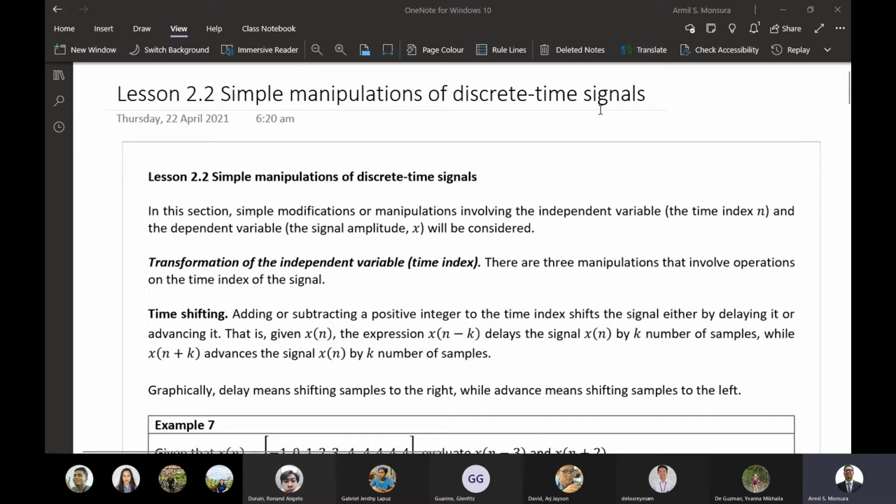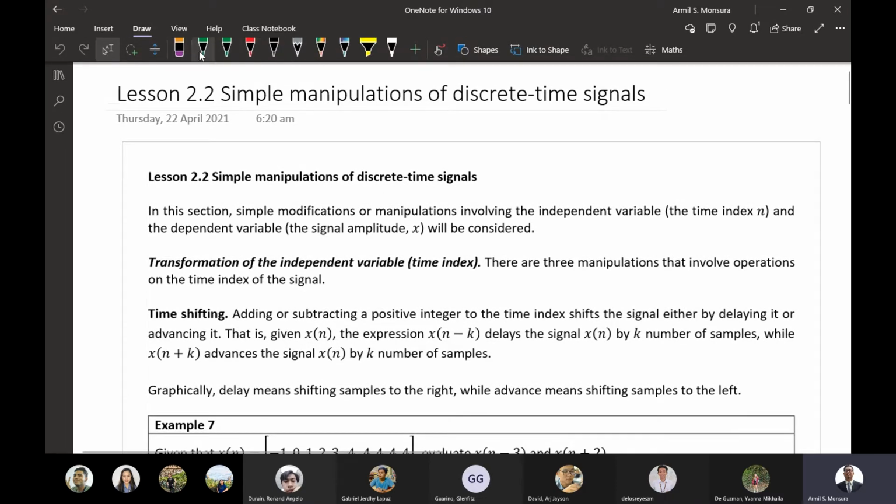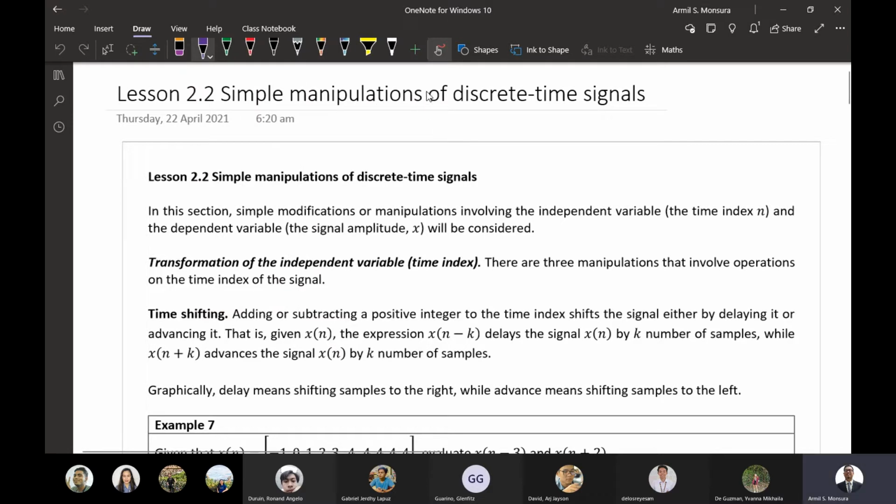So, in the context of signal processing, essentially, manipulation, okay, when you say manipulation, you modify. So, when you modify discrete time signals, manipulation is modification.